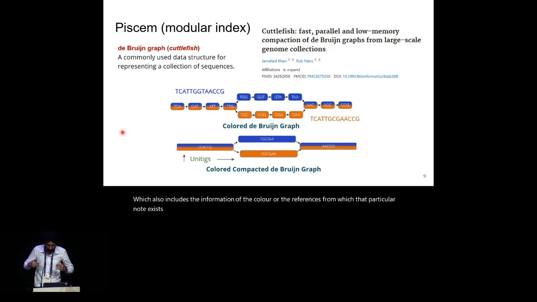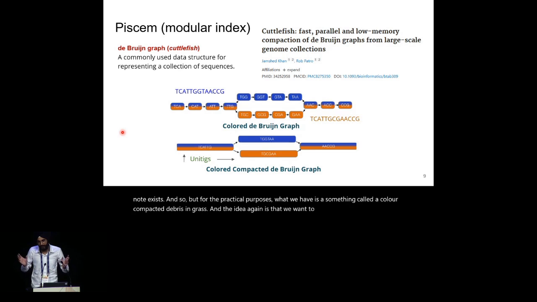For practical purposes, we have what is called a colored compacted De Bruijn graph. The idea is that we compress a collection of nodes into one single node called a unitig, which represents the maximal non-branching path, such that each internal node within it has only one incoming and one outgoing edge.